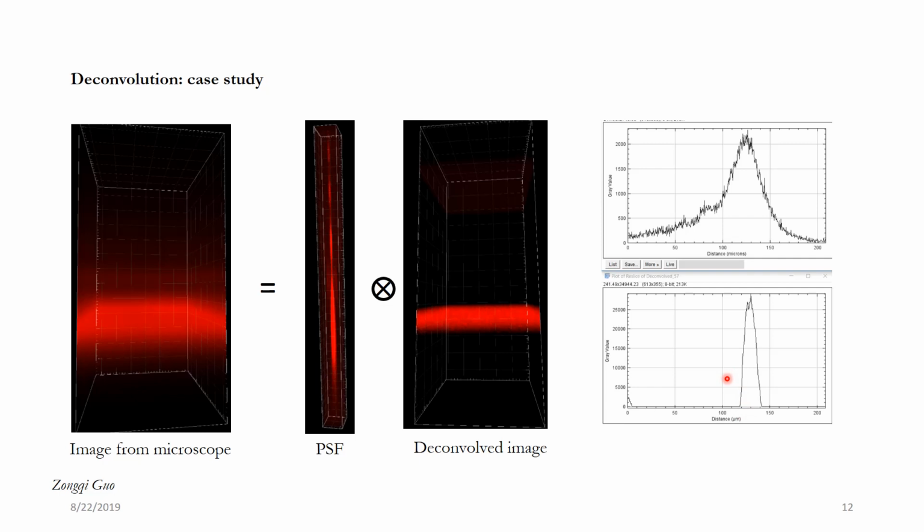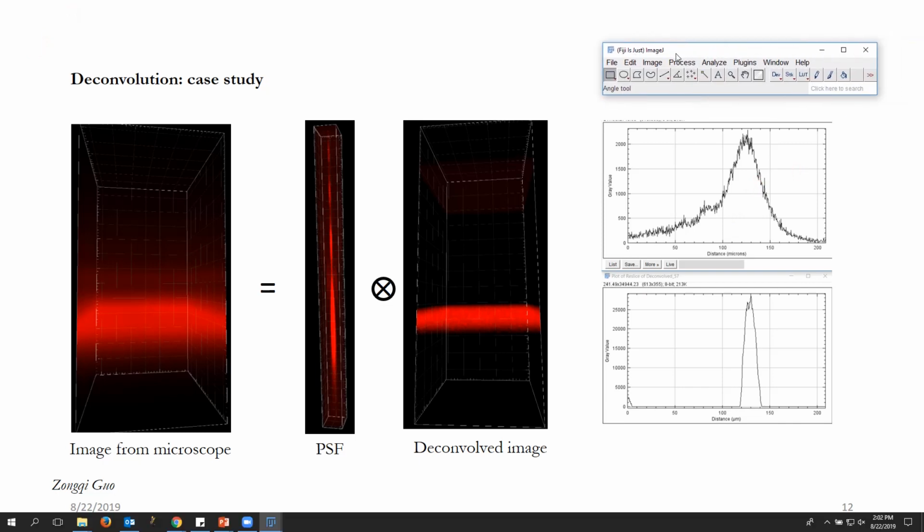So if you want to practically try out this test on your sample, the way to do it would be: typically Fiji or ImageJ doesn't have a deconvolution module available in it.